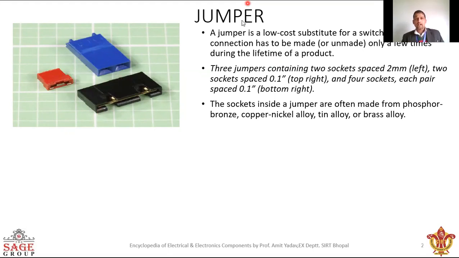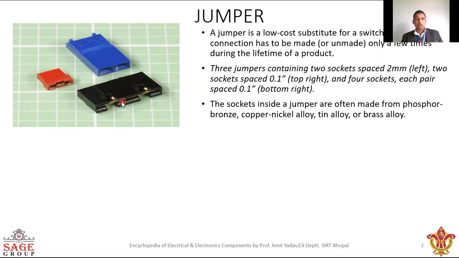Okay, and basically, if you go through this figure, there are three types of jumpers. This red one is a type of jumper which has two sockets with a spacing of 2 mm. Another type of jumper again has two sockets, but with 0.1 mm of spacing.